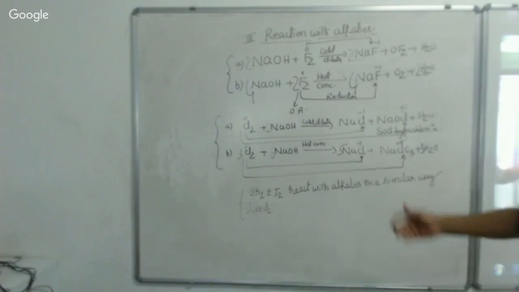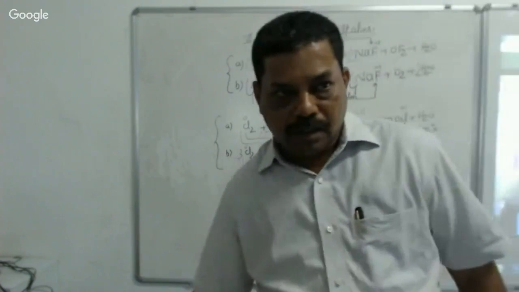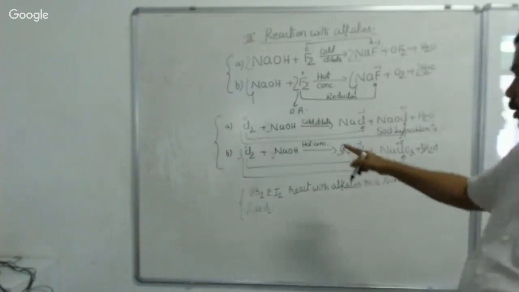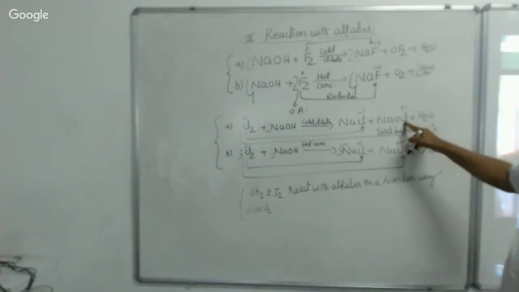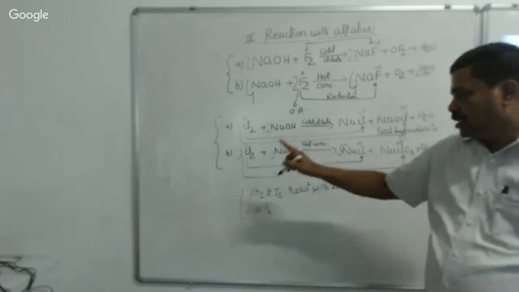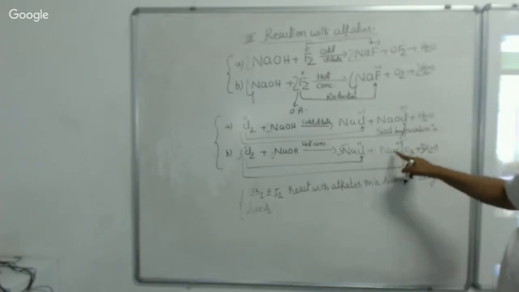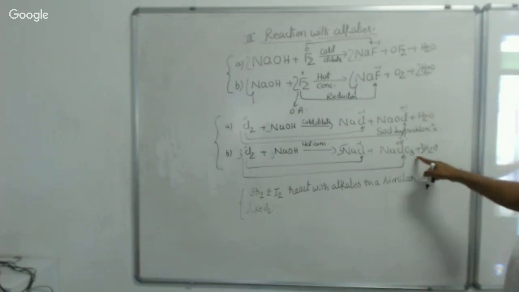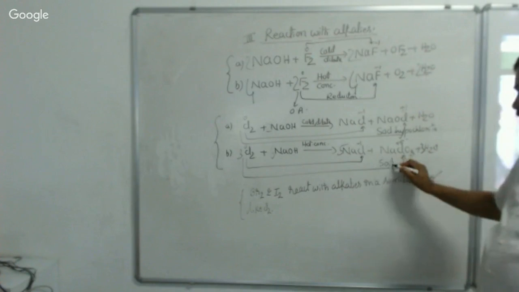So if you write with Br2, what are the expected products? Br2 with cold dilute alkali: instead of NaCl, we get NaBr, NaOBr and H2O. If it is hot concentrated, 3Br2 gives 5NaBr, NaBrO3 and H2O.